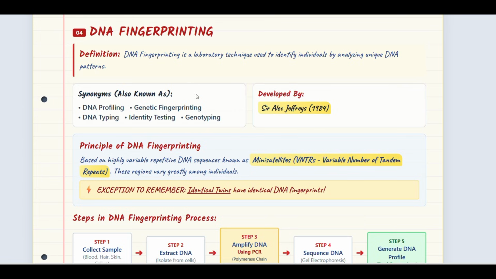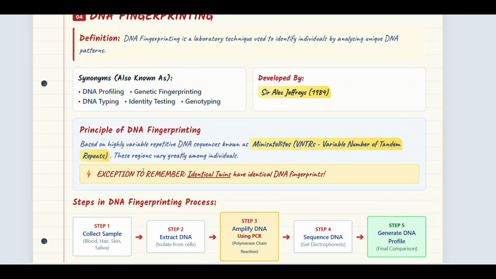The principle: DNA fingerprinting analyzes highly variable repetitive DNA sequences. Those highly repetitive DNA sequences are called minisatellites, or variable number of tandem repeats.